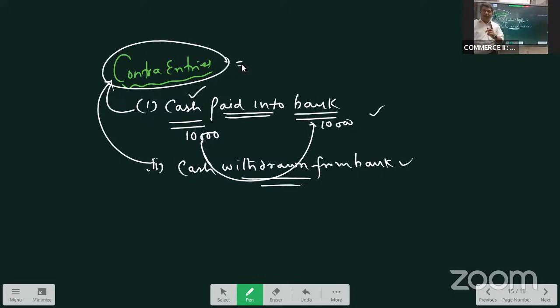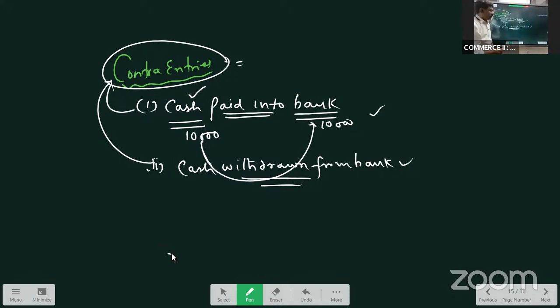Contra entry is one bit asked most of the times in your exam. What is a contra entry? So you write simple 3 lines. Contra entry is one which is recorded on both the debit side and credit side of 3-column cash book, because contra entry occurs only in 3-column cash book.